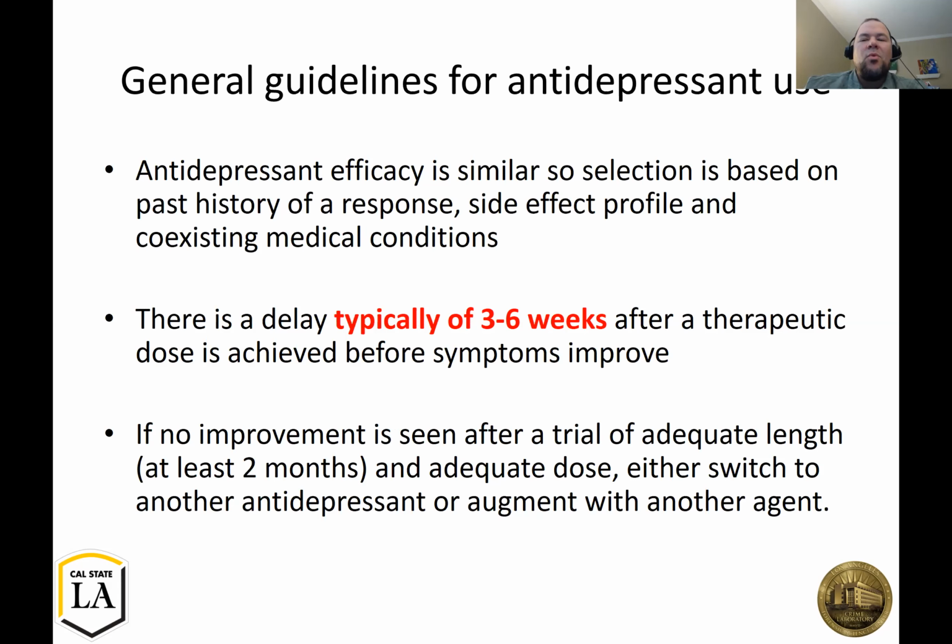One thing that's really interesting about this class of drug is that there's typically a 3 to 6 week delay before there's a therapeutic effect, and that's really interesting, right? And challenging, because you're taking a medication for 2 weeks and you're still depressed. So why am I doing this? So compliance is an issue, right?